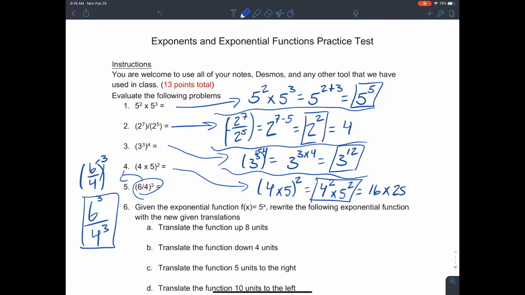You could have also simplified this and gotten 3 over 2, which would have given you 3 cubed over 2 cubed, which is 27 over 8. But this is good enough. Okay?